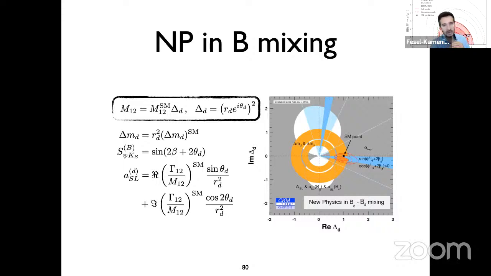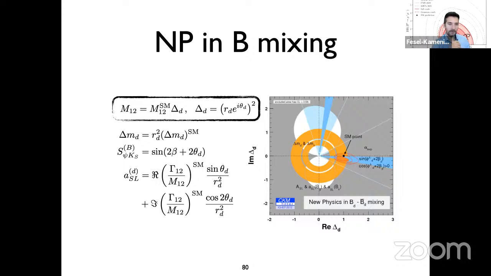In particular, let's go back to our description of neutral B-meson mixing and parameterize the contribution of the dispersive amplitude M12, describing the virtual contributions to the B-Bbar mixing amplitude.